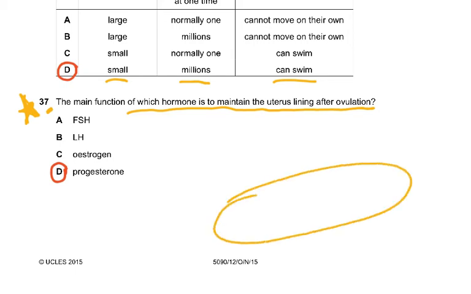This is the ovary, and then when the ovum is released, now this is the Graafian follicle, and inside this we have the ovum, and when that is released, the remains of the Graafian follicle remain behind, and the ovum is released into the oviduct. Now what remains behind is called the corpus luteum, and this of course results in the production of progesterone, and this maintains the uterus lining after ovulation.